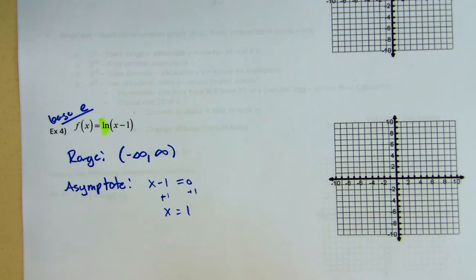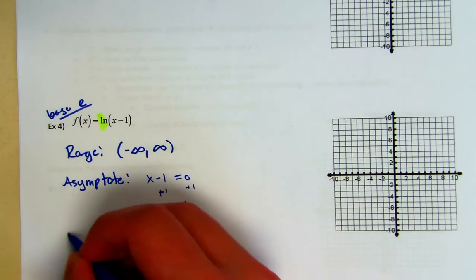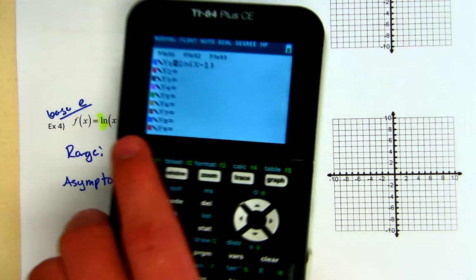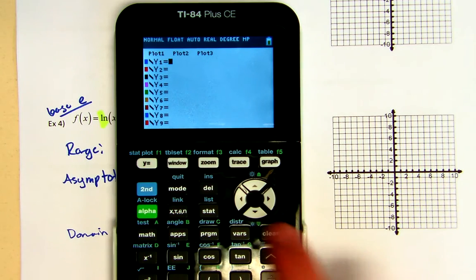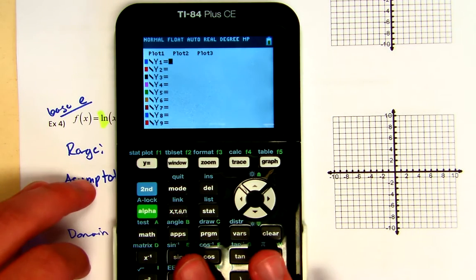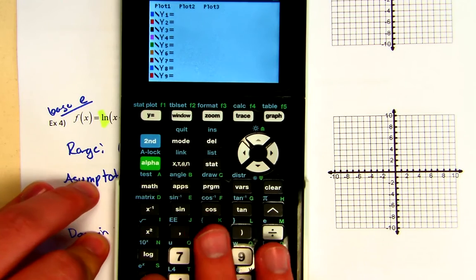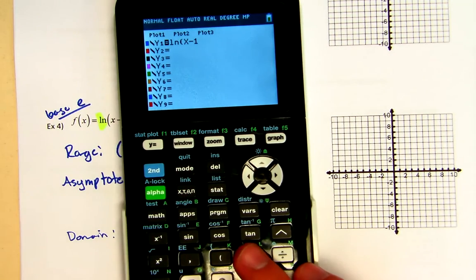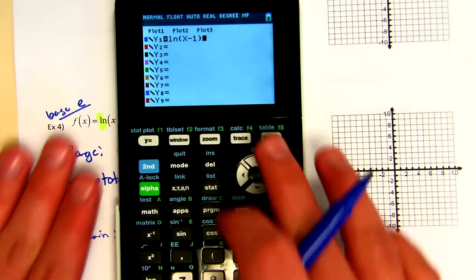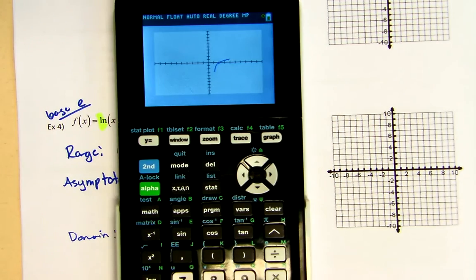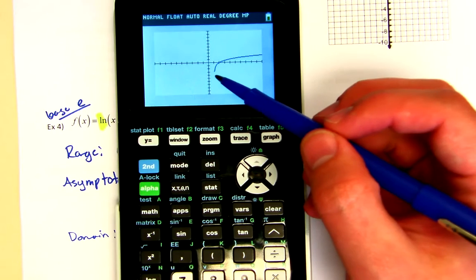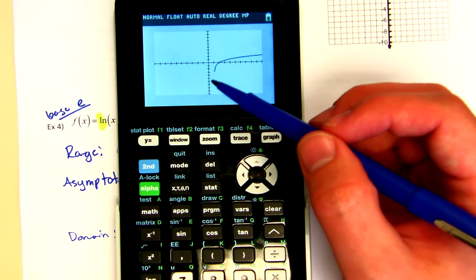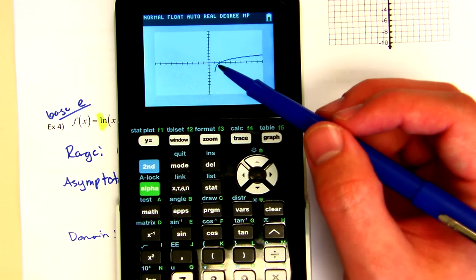Now how would I enter that in my calculator so I can find the domain? Well, I already entered it, but let me enter it again for you. Natural log is under the log key, so natural log, x minus 1. Make sure you close your parentheses though. So let's graph that. Now, this is what's interesting. The calculators don't finish the graph for you.